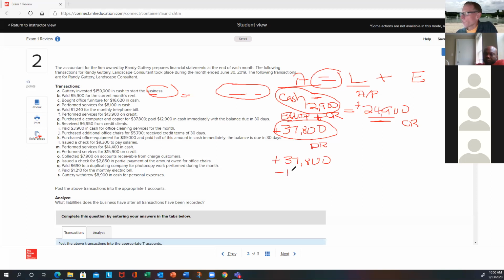You had a minus 12,900 on cash, right? If I net those together, my total assets right now are going up by 24,900. And that's just on the asset side. The right side of the equation has to offset that somehow. And the offset in this case will go to our accounts payable because the equation, again, has to balance. That's why. Does that help a little bit?